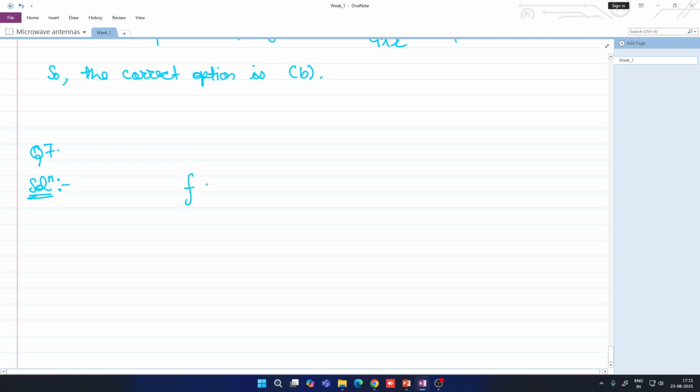The frequency of operation of the antenna is given as 1 gigahertz. So now we have to calculate the wavelength lambda, which is c by f. c is the speed of light in vacuum, 3 into 10 to the power 8, and f is 1 gigahertz. When we calculate it, we will get 0.3 meter.